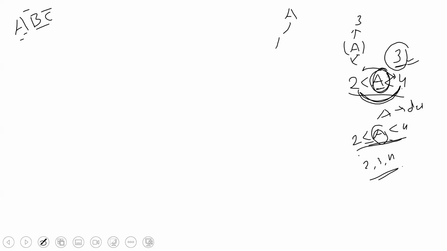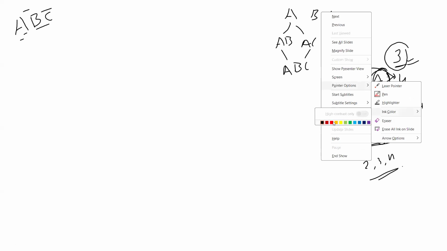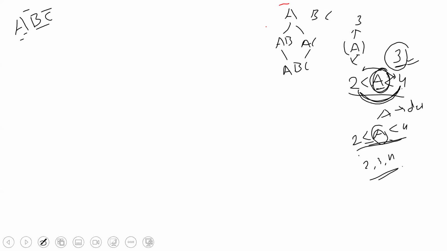A, B, C. Now it comes A B, A C, and finally both of them converge to A B C. So this is the tree set. Now this is plus, this is minus, and this is plus.